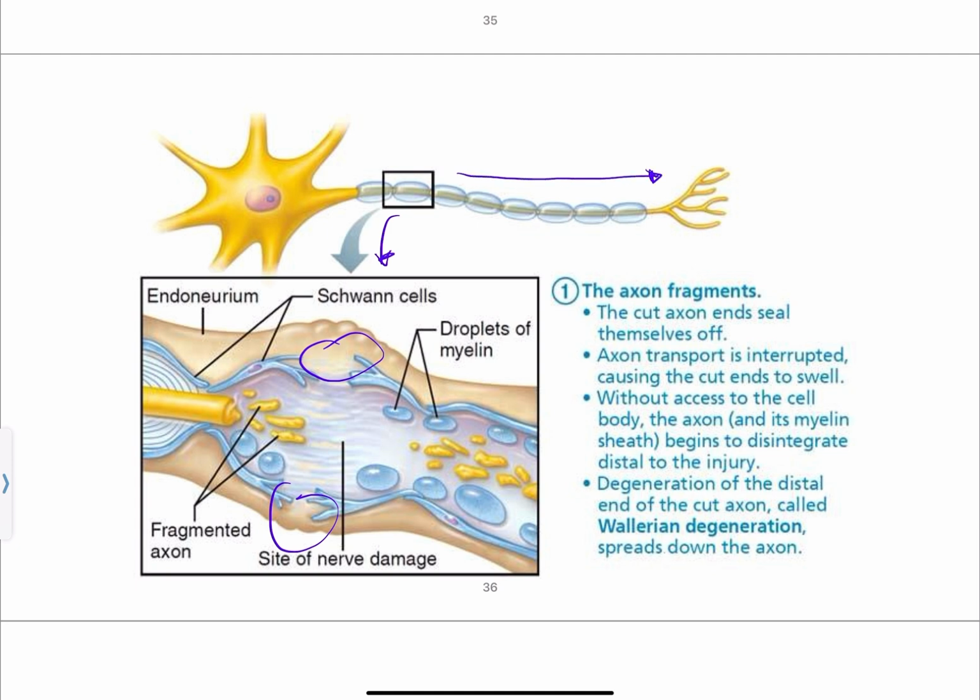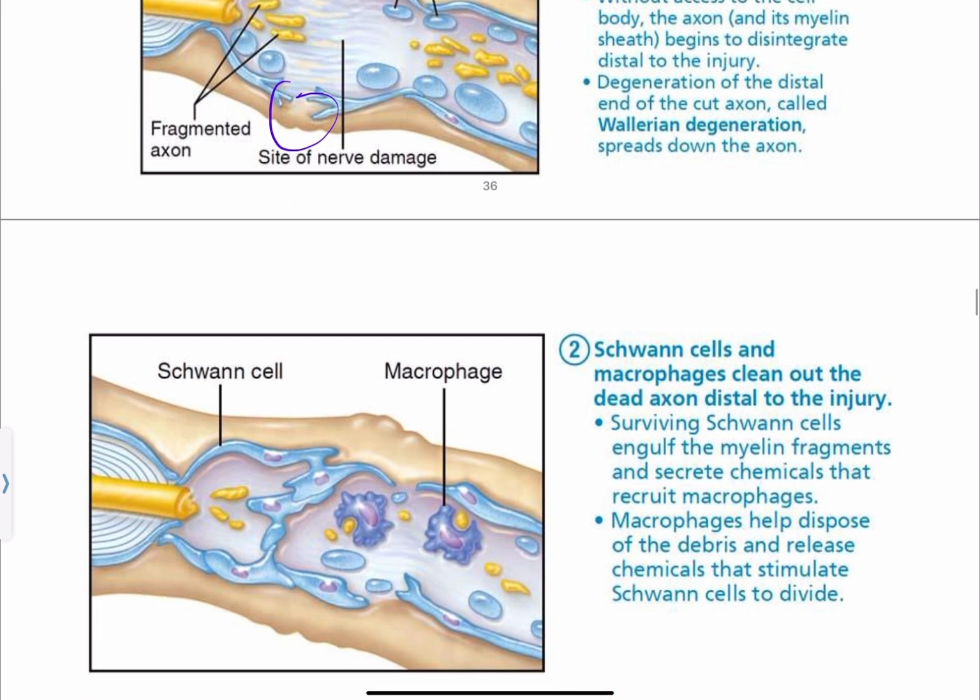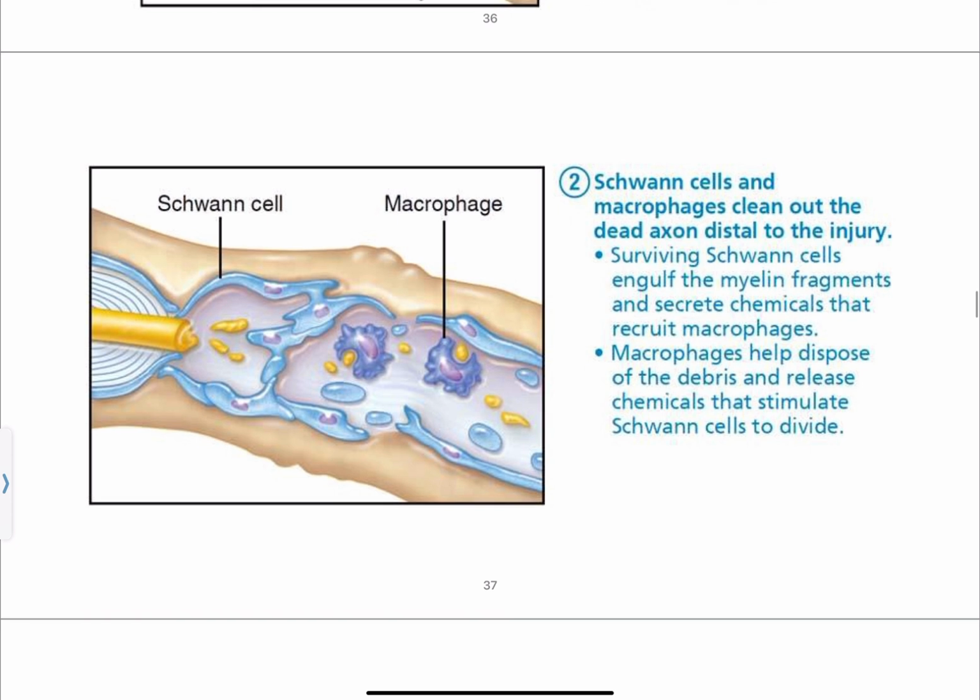We're going to have Wallerian degeneration, where we're actually going to start degrading distally to the site of damage itself. The second step is that our Schwann cells, again, the ones responsible for myelination, are going to go in along with macrophages and help clean up that entire area that's distal to the site of damage.